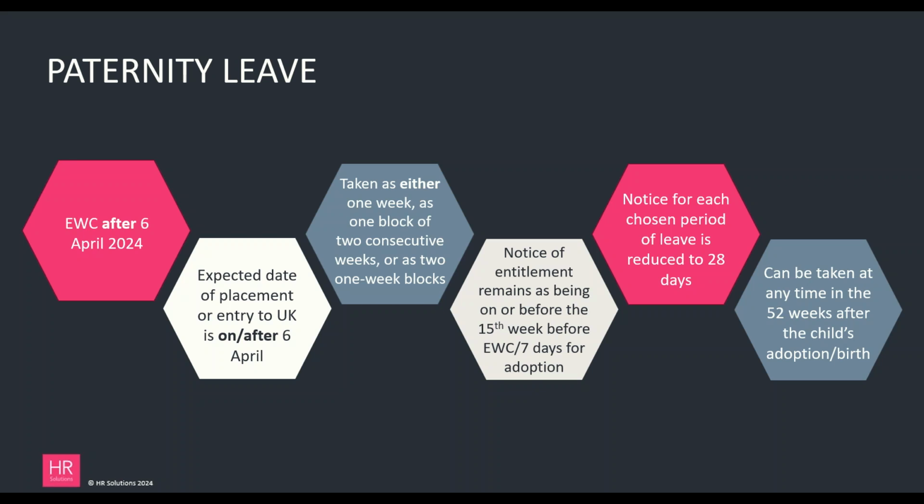Now it means under the new rules that employees can take them either as one block of 2 consecutive weeks, or you can take 2 one week blocks. So basically, employees are now able to take them in a more flexible way, and now have up until 52 weeks after the child's birth or adoption to take those weeks.